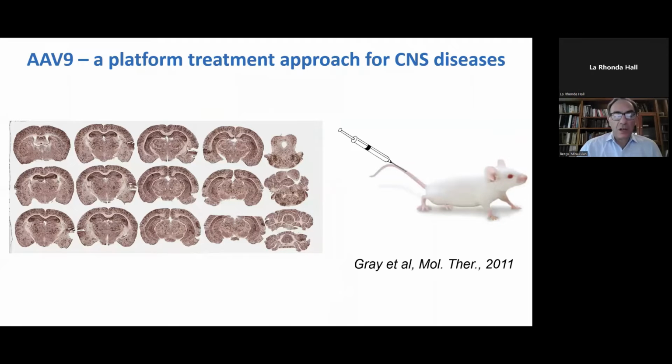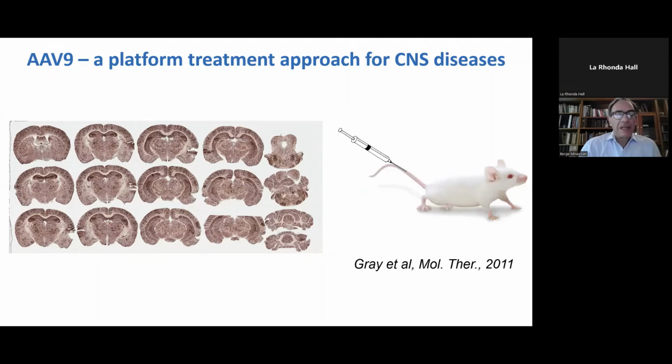Here is an early experiment by Dr. Gray, my colleague who leads our preclinical gene therapy group here. And as you see, the virus will distribute broadly. This virus is producing a protein called GFP, and you see how it's widely distributed in the brain of the mouse.